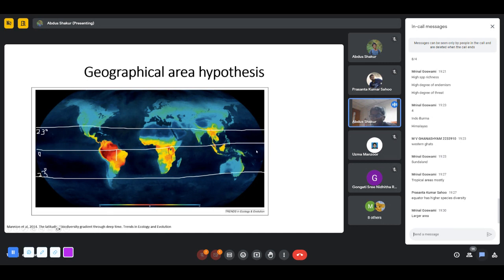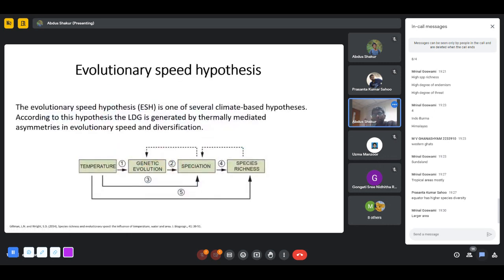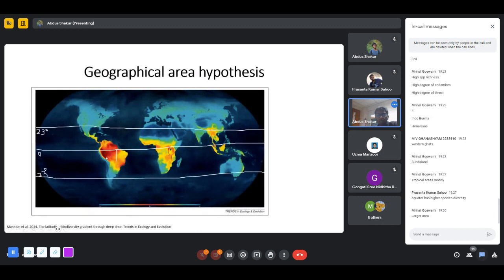In the tropical areas, as there are higher temperatures, that leads to much higher divergence, and those species tend to have higher evolutionary speed, and thus speciation happens much faster in the tropical areas than in the temperate regions. So you have more species accumulated in the tropics. That's why you see higher species richness in the tropics currently, compared to temperate regions.